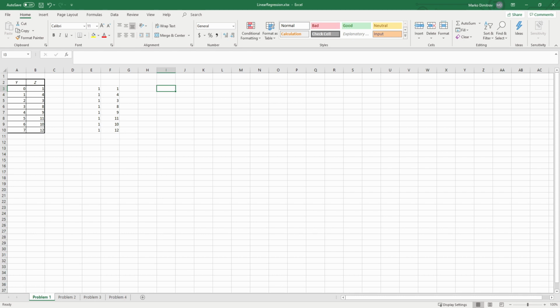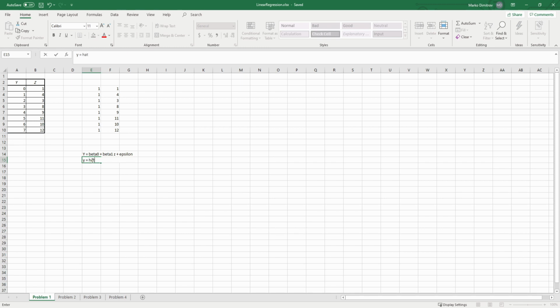So we know that we have only two unknown parameters that we need to estimate, beta 0 and beta 1, so let's write it: beta 0 plus beta 1 z plus so on. We need to get some kind of line.